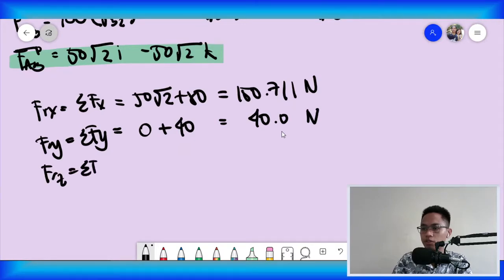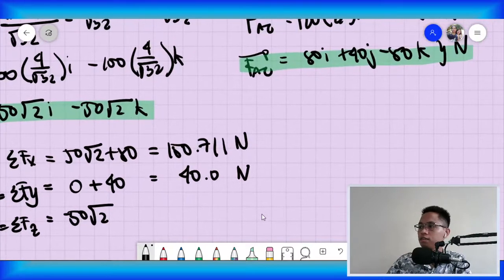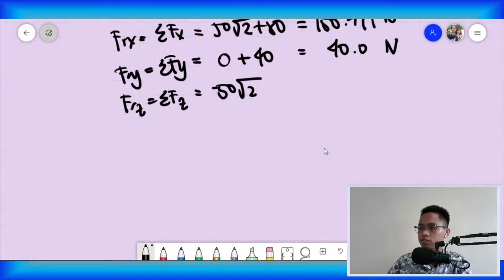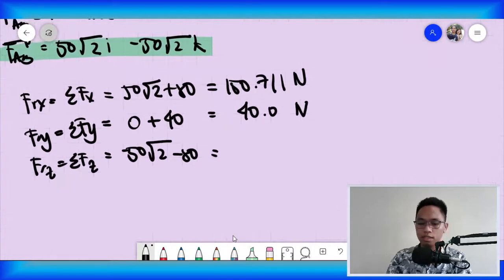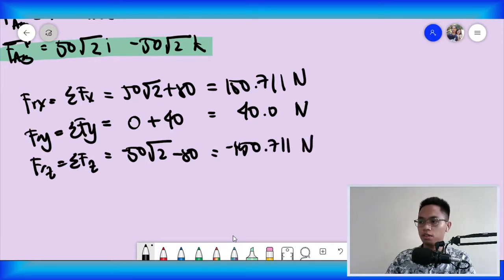Now, for FRZ, that would be the summation of forces along Z. This would be negative 50, all those with k, and from the other, negative 80. So, negative 50 minus 80, that is negative 150.711 Newton.